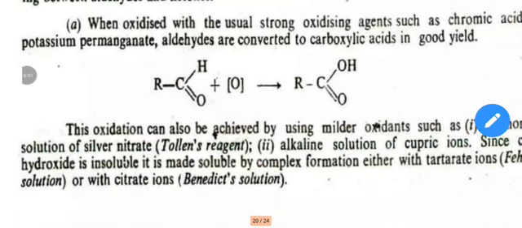The oxidation can also be achieved by using milder oxidants such as a solution of silver nitrate, or an alkaline solution of cupric ions, where the hydroxide is made soluble by complex formation either with tartrate ions or with citrate ions. Okay.